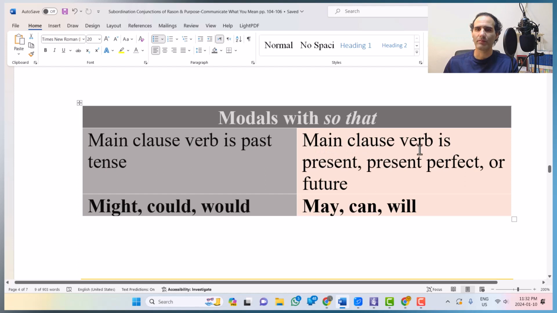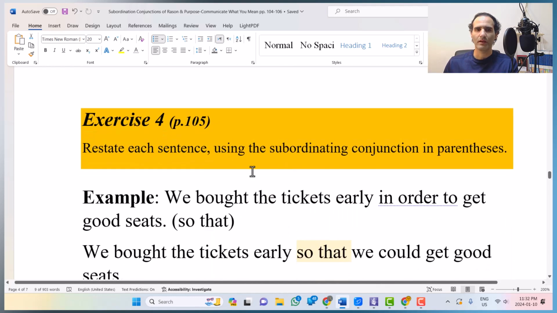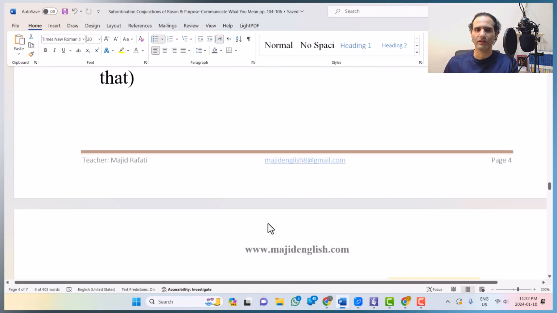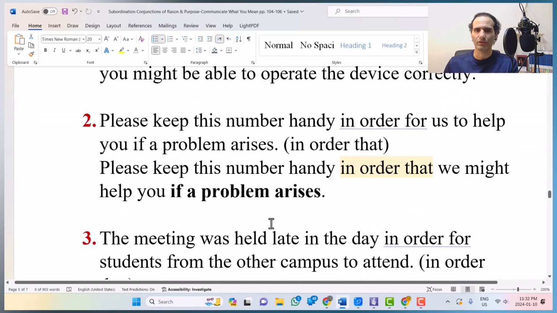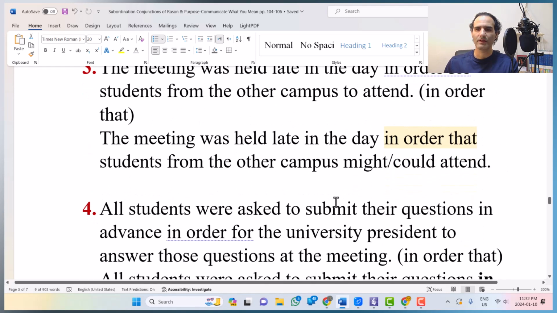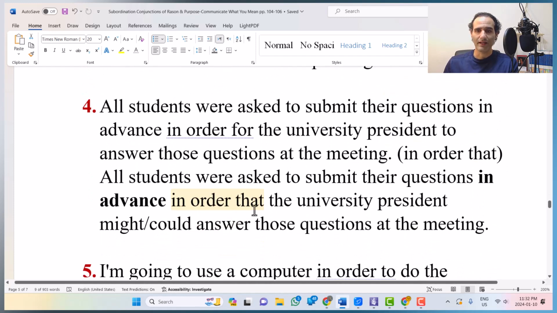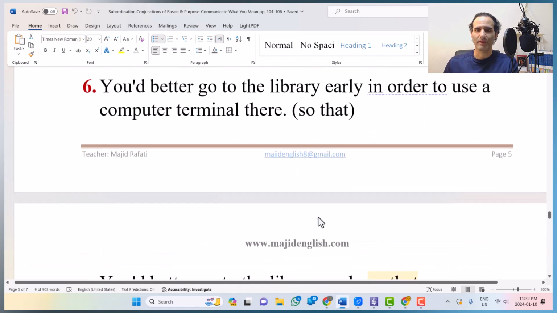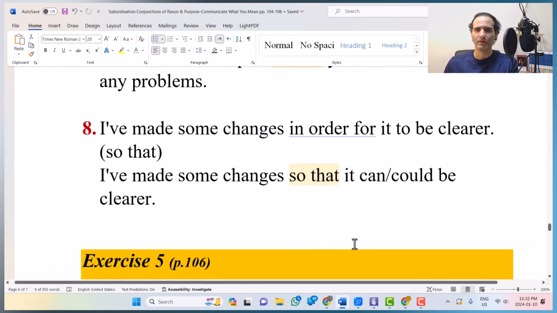If the main verb is in present, present perfect, or future, may, can, and will with so that. And here are the exercises we covered with so that, in order that. If a problem arises, that was beautiful for us. In advance means beforehand, before something happens. That was beautiful for us.